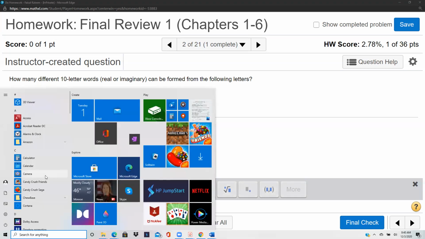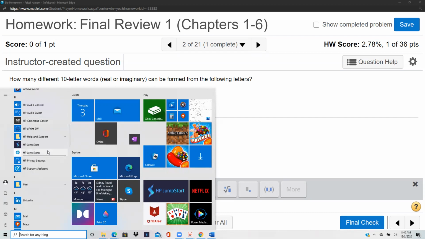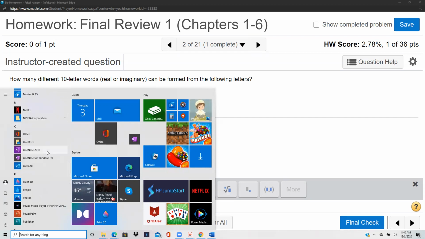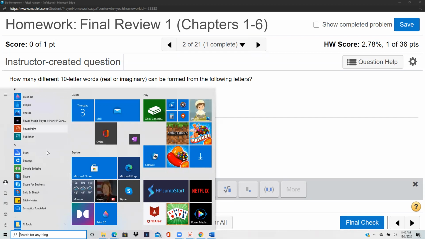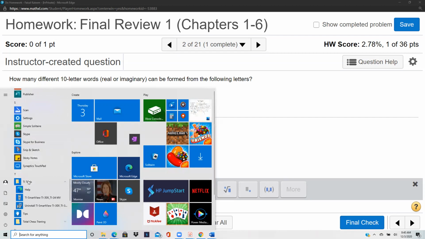In fact, let's pull up the calculator as well, just in case. Smart. My tools. Dear smart view.